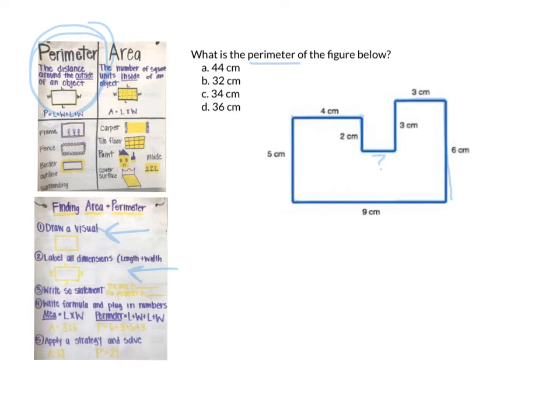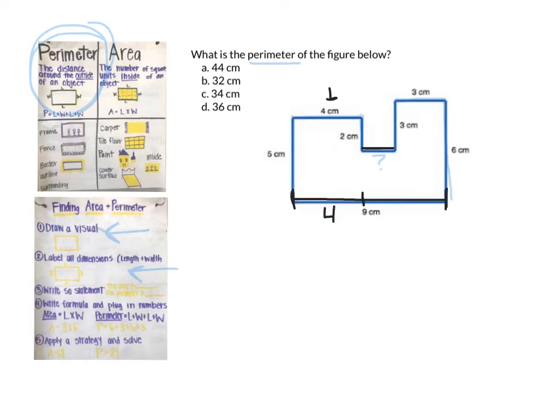Okay, so my missing piece is right here. I know that from here to here is 9 centimeters. I also know from this 4 centimeters right here that from here to here is 4 centimeters.